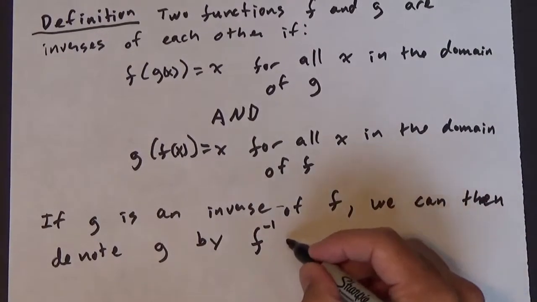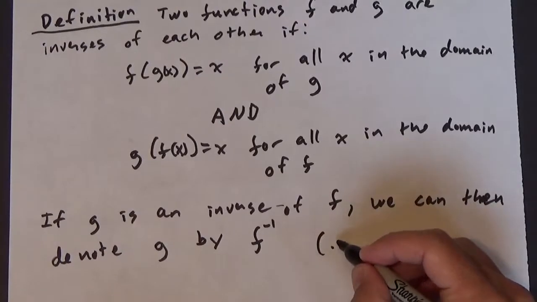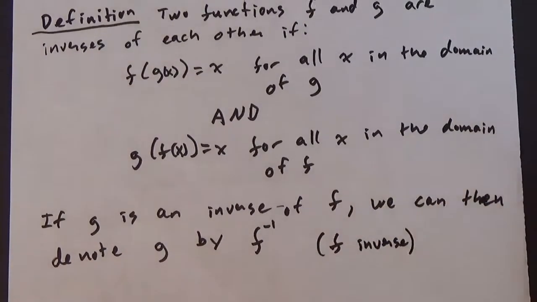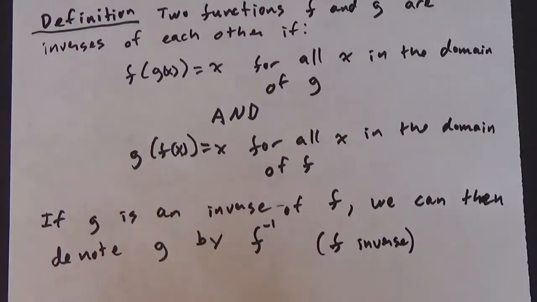And the way we read this is we say "f inverse." So once we know that g is an inverse of f, we'll be able to write f inverse for that particular equation.